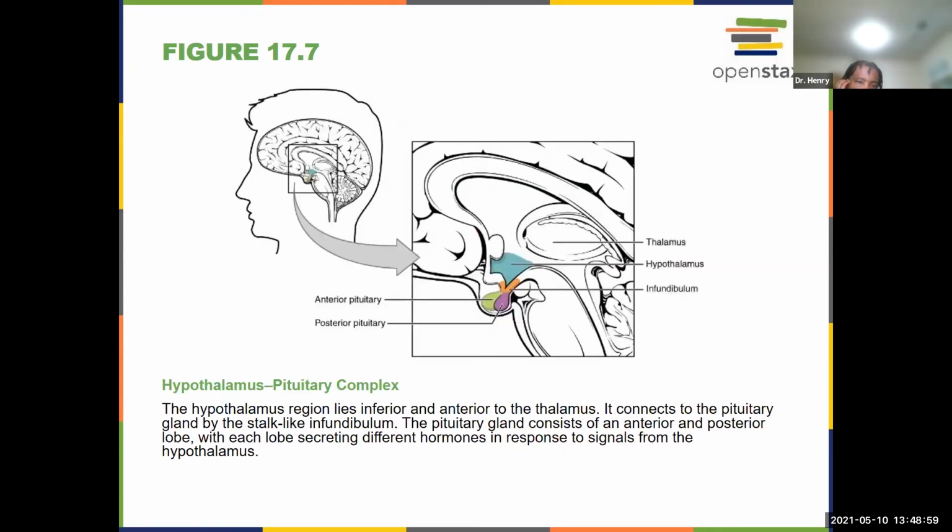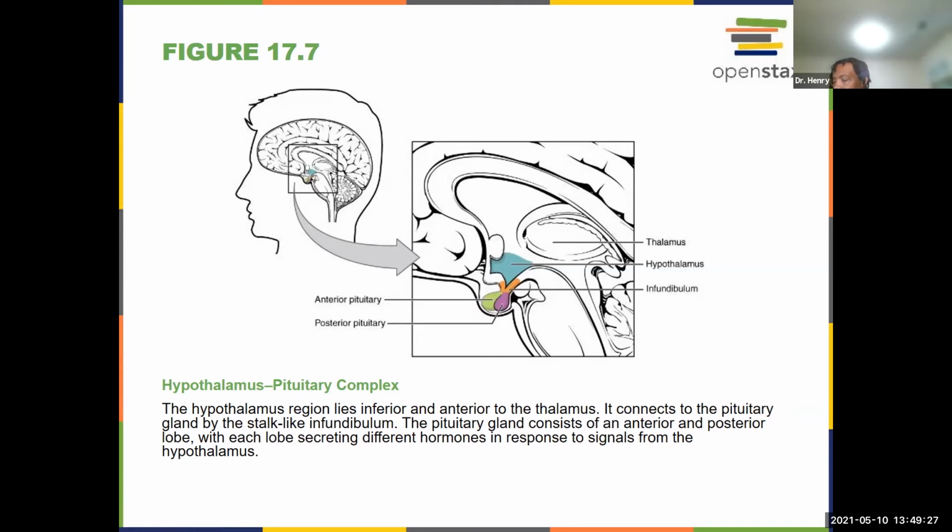Okay, so this is the anatomy of the hypothalamus pituitary complex. You have the anterior pituitary gland and the posterior pituitary gland. You have the thalamus, the hypothalamus, and then the infundibulum.